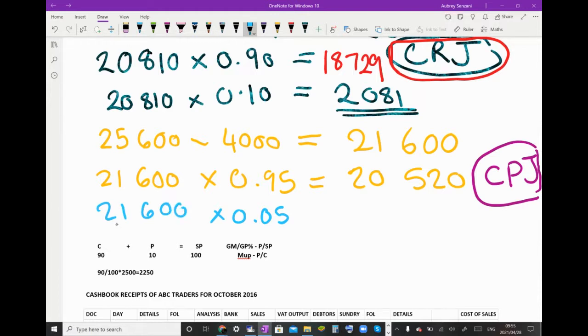Okay, another way you could have calculated this is just saying the 21,600 minus the 20,520, and you would have gotten the discounted amount, which is 1,080 rand. Okay, cool. And this is for the general journal. Let me just write that out a little neater, which is what we're doing.